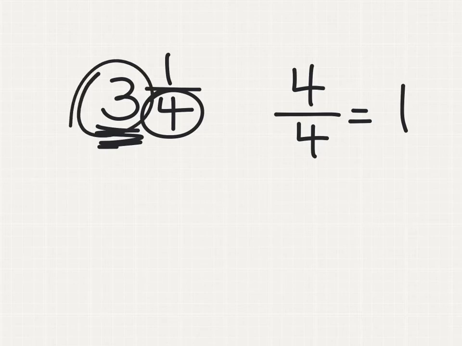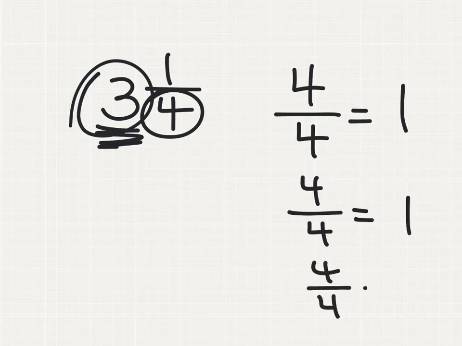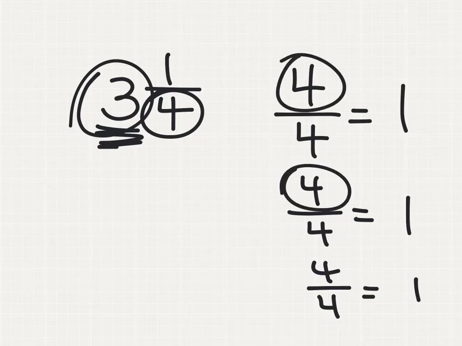So if I have 3 wholes, then I have 4/4 3 times. So this 1 whole is 4/4, this 1 whole is 4/4, and this 1 whole is 4/4.